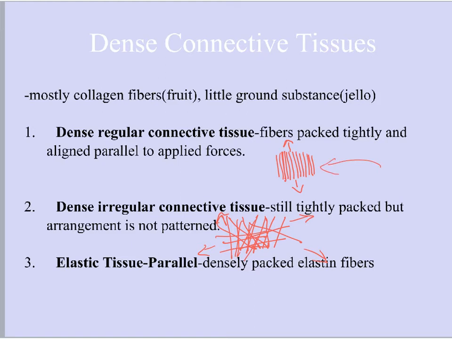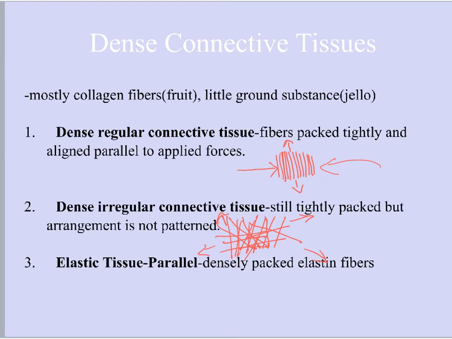Dense regular, because all those fibers are going in the same direction, creates a really tight connection. But if a force comes from this direction or a twisting force is applied to the tissue, then those fibers can tear very easily. Whereas in dense irregular, it can absorb shock and or pull in many different directions.